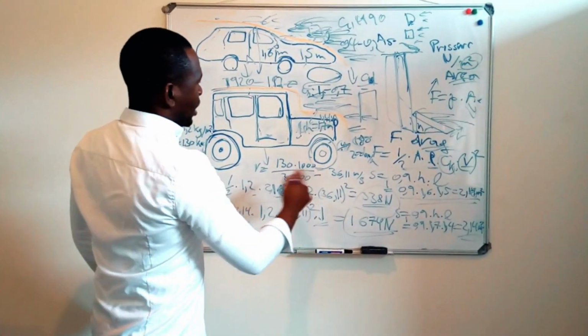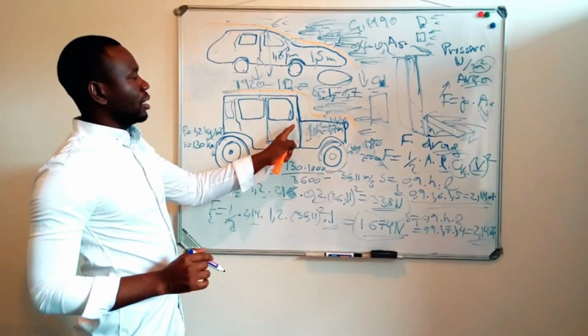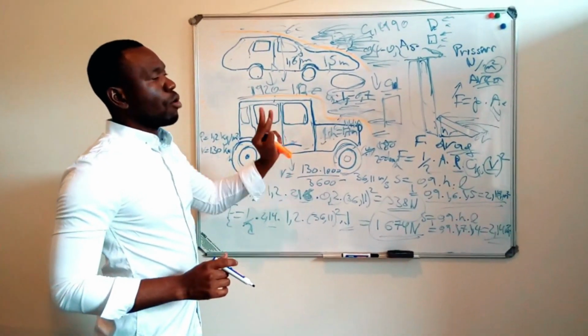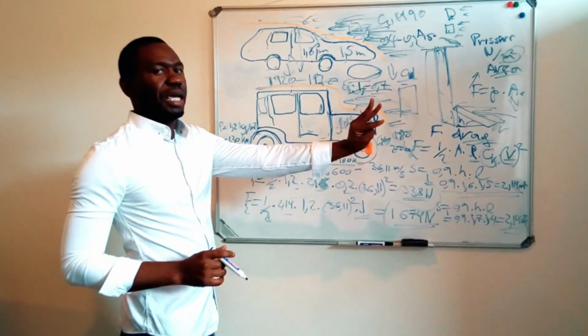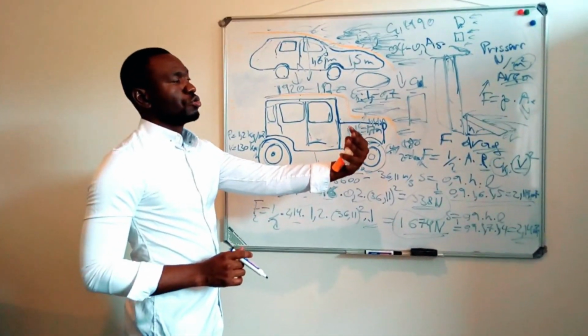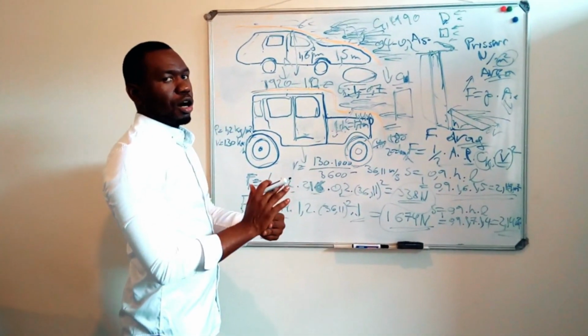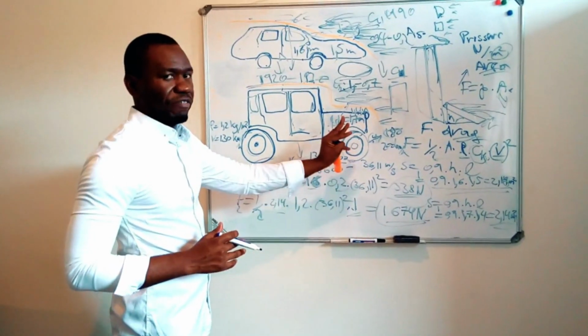What a difference. We realize that this shape gives a bigger surface to the air to pressure the car or to resist the movement of the vehicle.